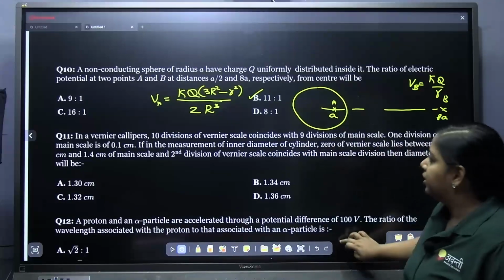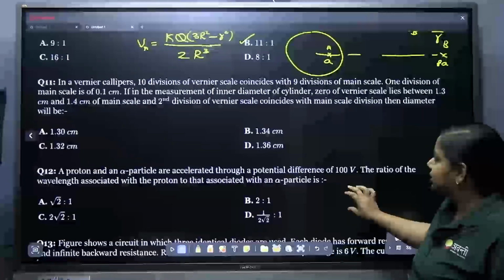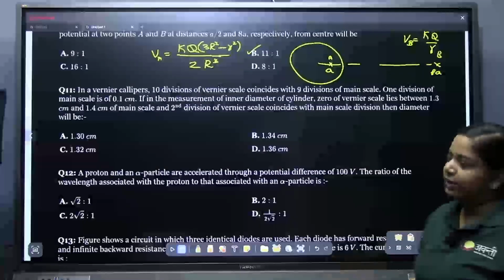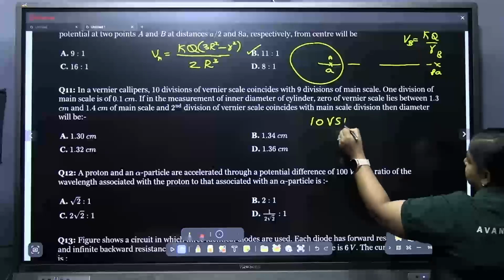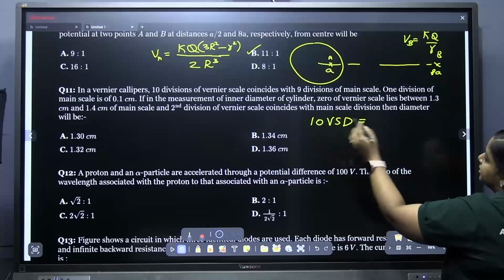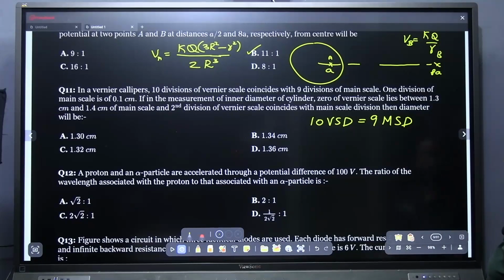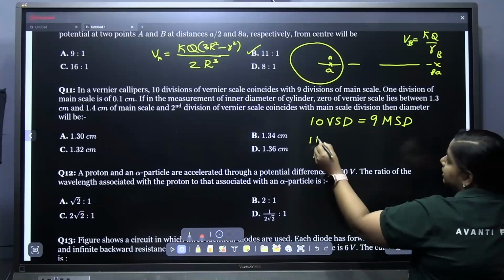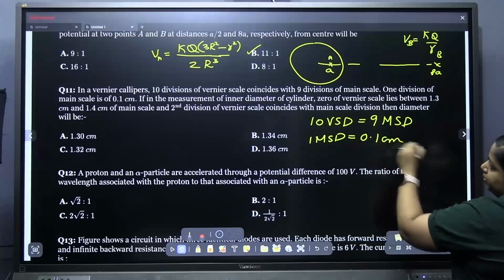Okay, next one, in vernier calipers, this is the type of question which we already discussed. 10 divisions of VSD are coinciding with 9 divisions of main scale. Okay, 1 MSD is equal to 0.1 centimeter.